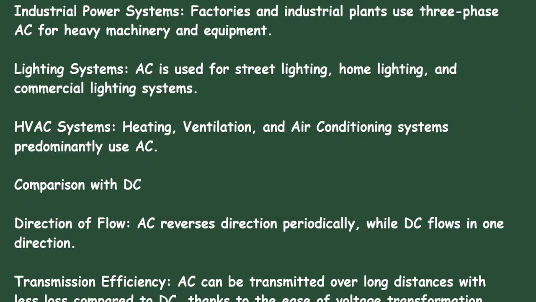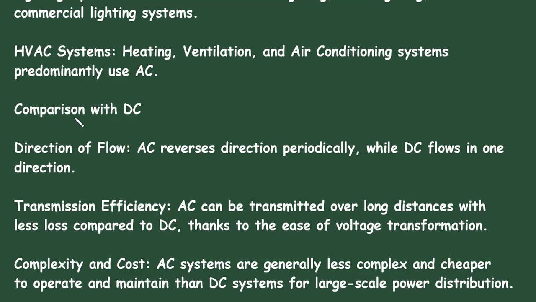Then if we compare this with DC, direction of flow: AC reverses direction periodically, while DC flows in one direction. Then transmission efficiency: AC can be transmitted over long distances with less loss compared to DC, thanks to the ease of voltage transformation, which can be done with the help of a transformer.